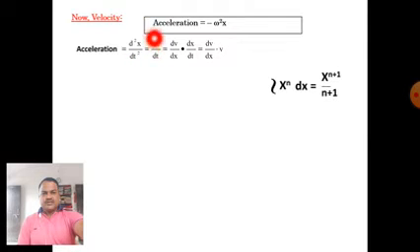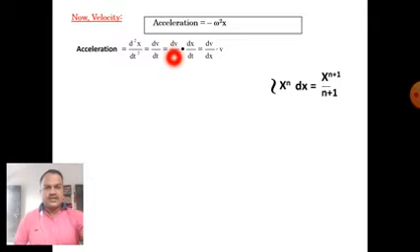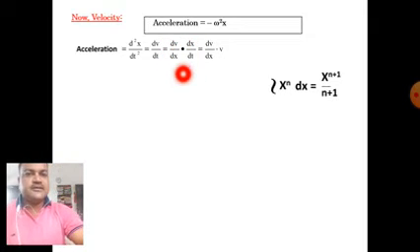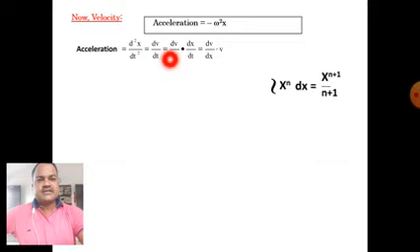So dv upon dt, we have to split as dv upon dx into dx upon dt. Here dx upon dx are cancelled, and the equation will be dv upon dt.